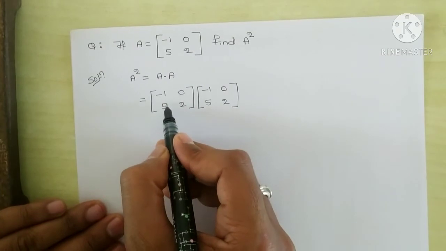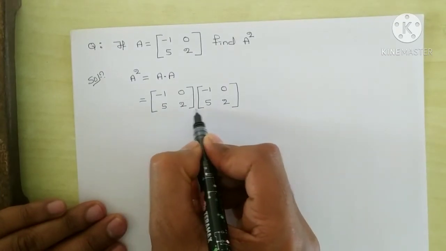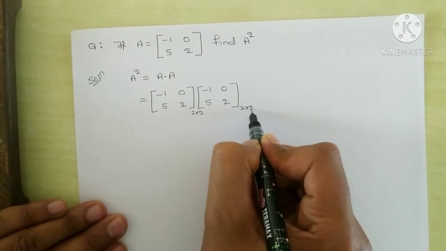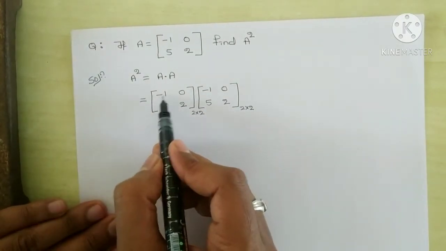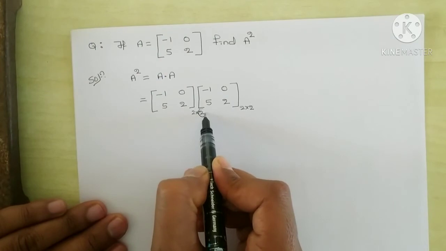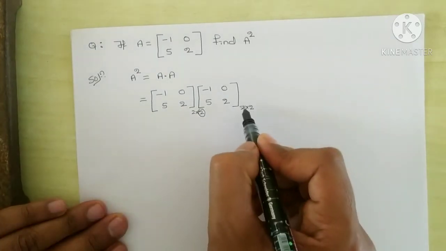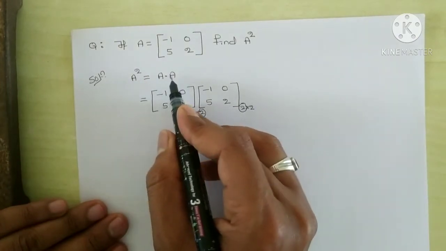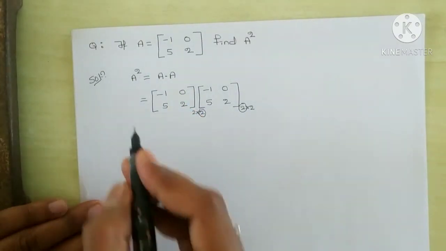See the first matrix, what is the order? 2 cross 2. The second matrix also has the same order, 2 cross 2. In the first matrix the number of columns is 2 and in the second matrix the number of rows is 2. Both are the same. Therefore A into A, that is A square, is possible.